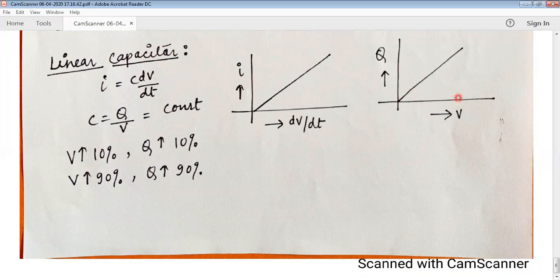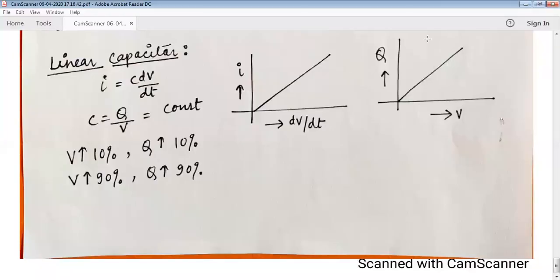If you increase the voltage by 90%, the charge will also increase in the same proportion. So if voltage and charge increase in the same proportion, then capacitance will be constant, and it won't depend on the value of the applied voltage. That capacitor is called a linear capacitor.